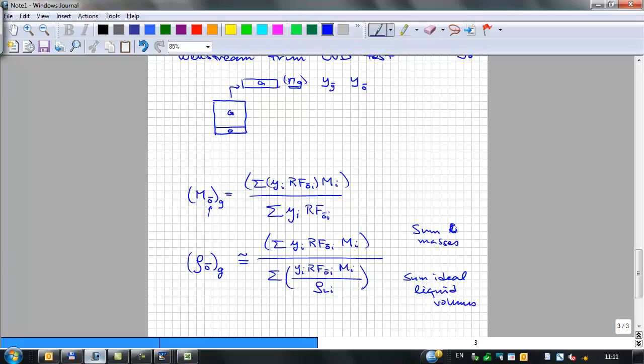Multiply by the molecular weight, and you get the total mass that becomes surface oil from reservoir gas. Now what we really want is to convert to a volume, right? So what we'd really like to know is the surface volume per mole of that.